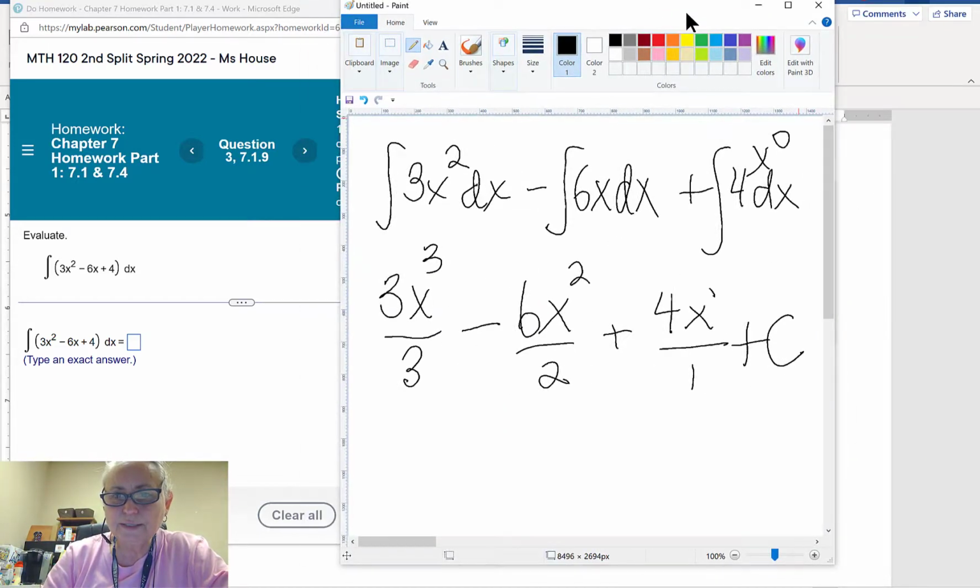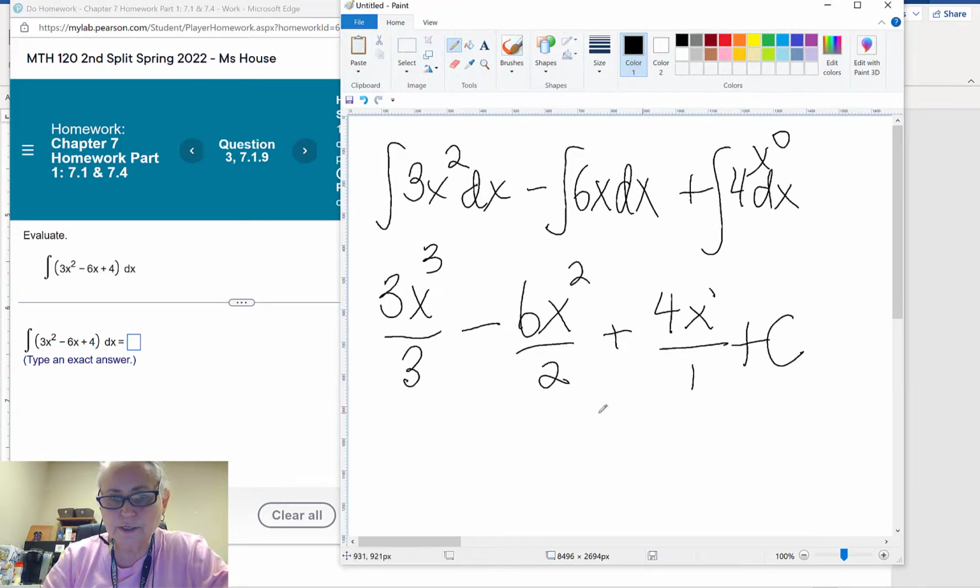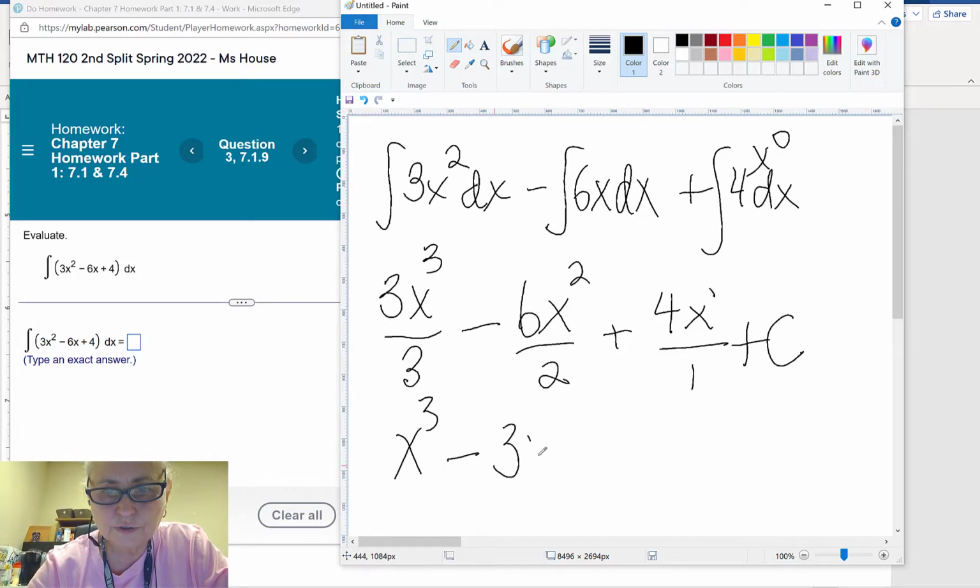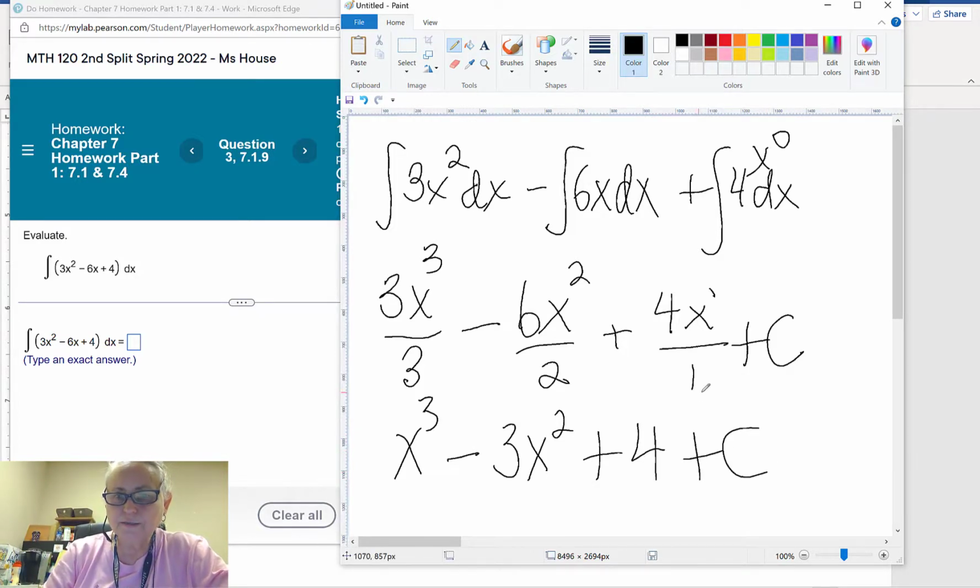Then I'm going to go back and clean this up just a little bit. All right, it's going to tell me it's not reduced if I do leave it like this. So x to the third minus 2 goes into 6, 3x squared plus 4x plus c. Now think about taking the derivative of this.